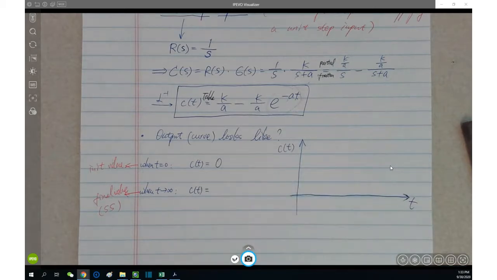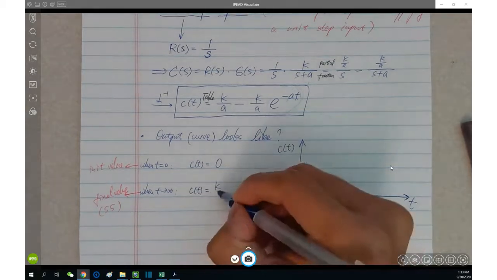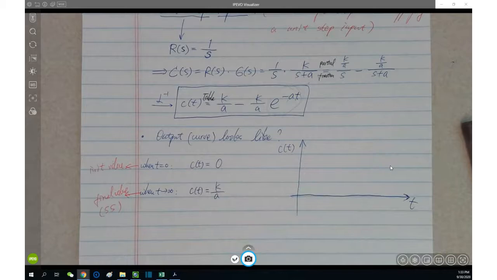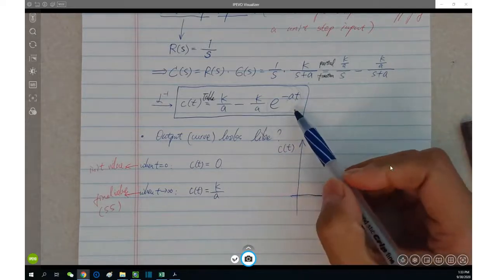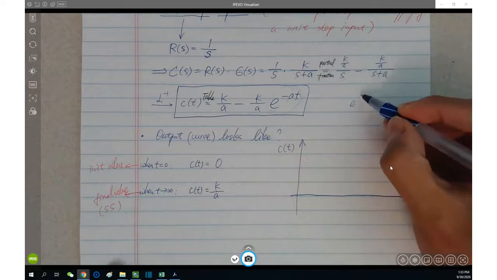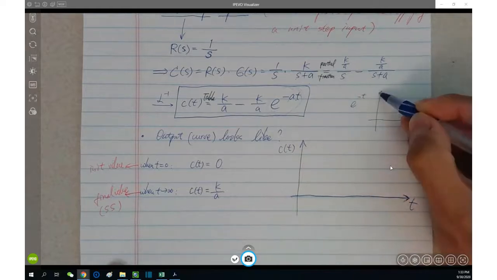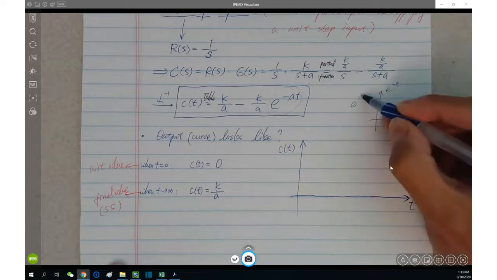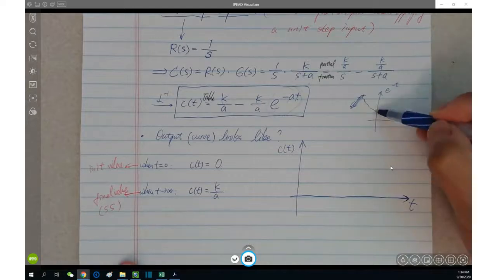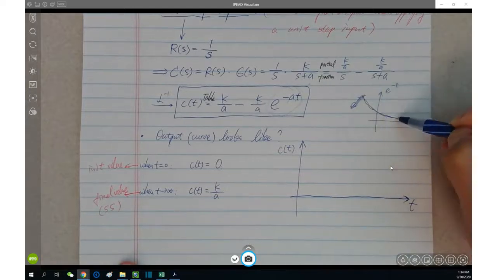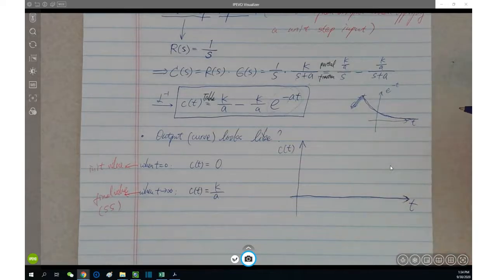Then what's the final value? Noah has already given us that as well: K over a. Does it make sense? e to the negative a times infinity is equal to what? 0. Why is that? What does e to the negative t look like? It's going down along time as it approaches infinity.